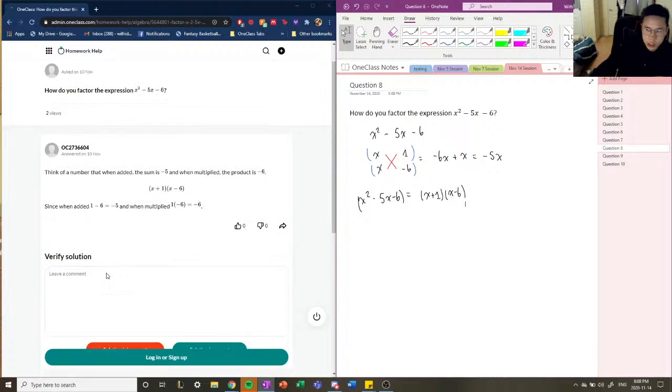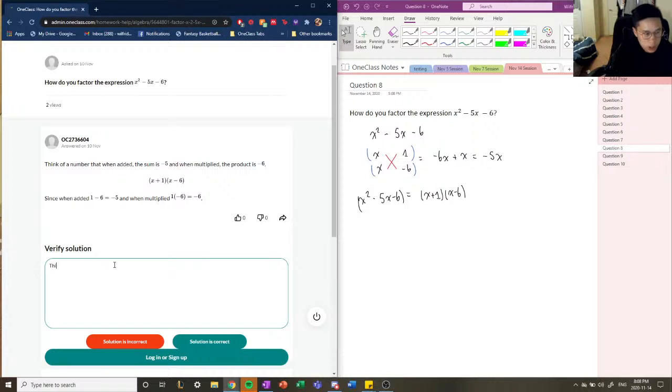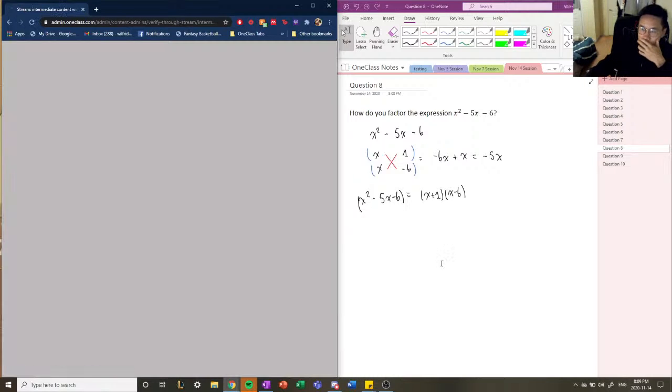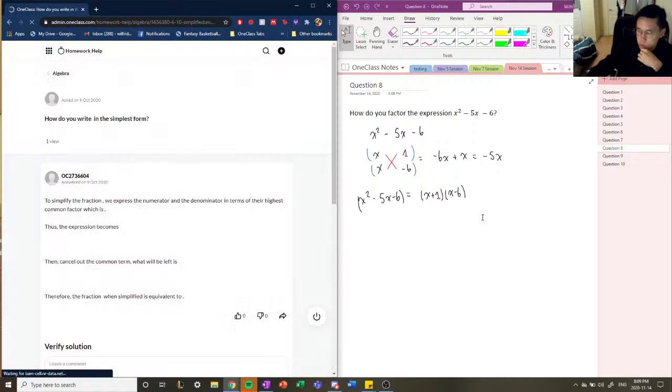This is not really actually a solution to the problem, so this is the incorrect solution. Consider using the cross multiplication method. So they didn't really provide a tangible solution to this problem. Cool. Moving on.